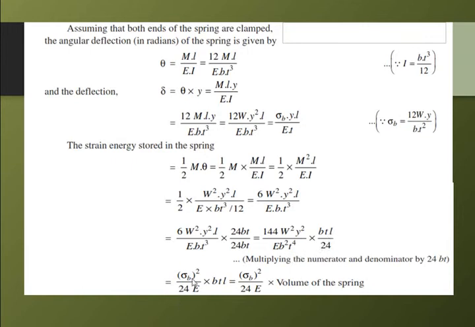If you take BTL out, and write this in terms of sigma B, which is 12WY by BT square, you will get sigma B square by 24E into BTL, in terms of the volume of the spring. These are the main equations.